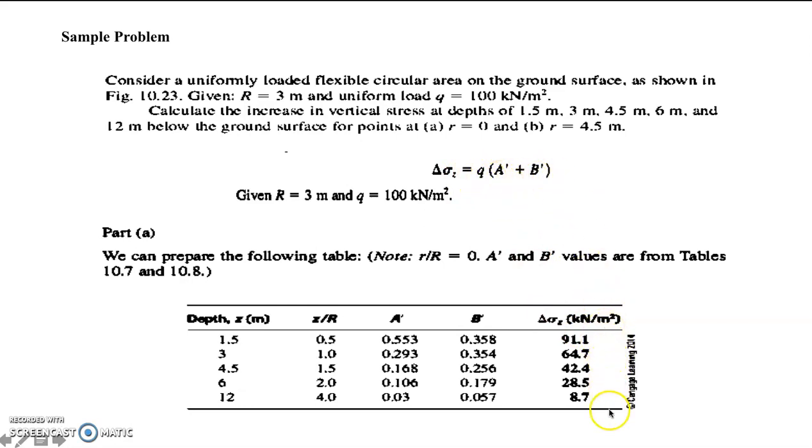You have now our values for stress due to the flexible circular area at certain depths of 1.5, 3, 4.5, 6, and 12 meters. So these are now the stresses caused by a uniformly loaded flexible circular area.